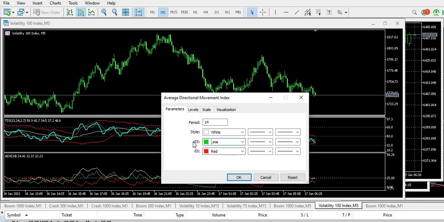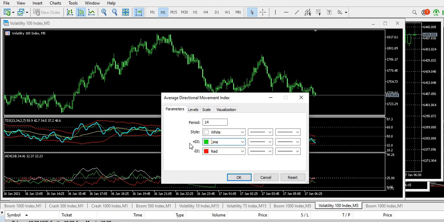The D plus and the D minus are always meant to work in the opposite of each other as per how the market is behaving. If the bears are in charge, you will always find the red line on top, like trying to go up.